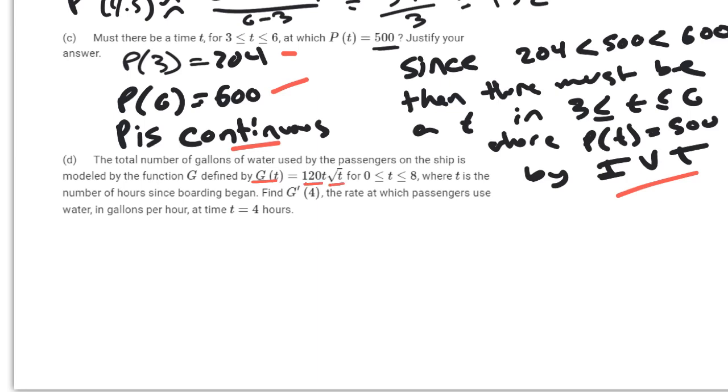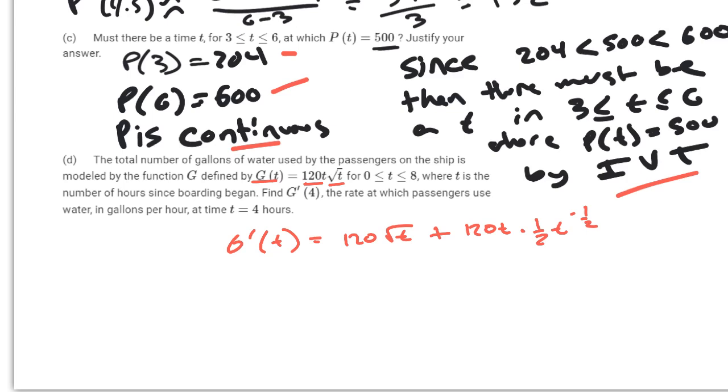120t times square root of t. So G prime of t would equal derivative of the first, 120, times the second, root t, plus the first, 120t, times derivative of square root, so that's t to the 1/2, so 1/2 t to the negative 1/2.